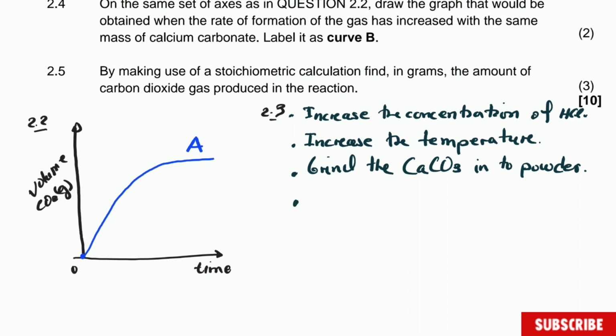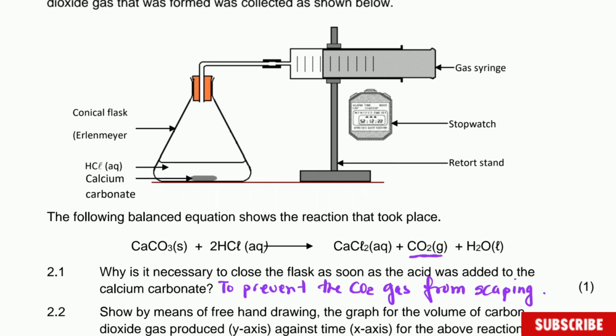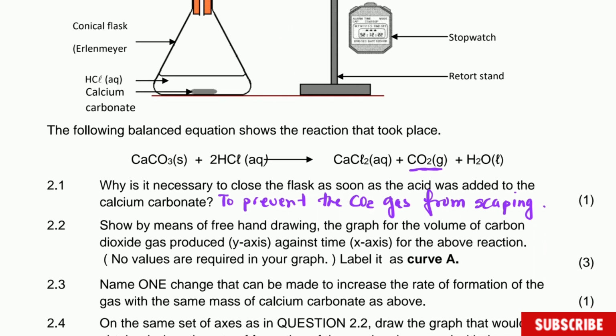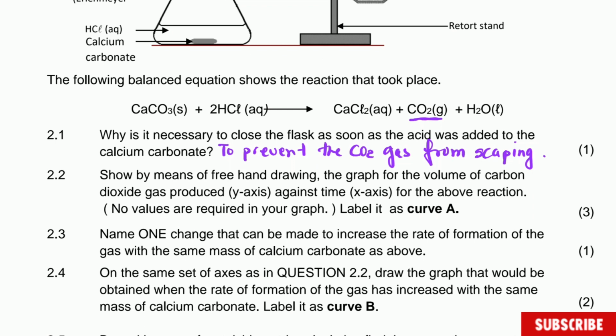We could add a catalyst. And guys, those are all the factors that can actually affect this reaction. Note, you cannot change the pressure because they are not gases there. The gas is the product, but not the reactant. So that one is not possible here.